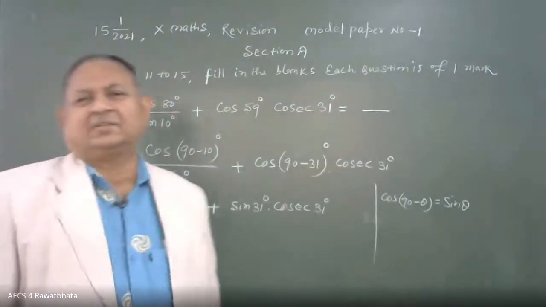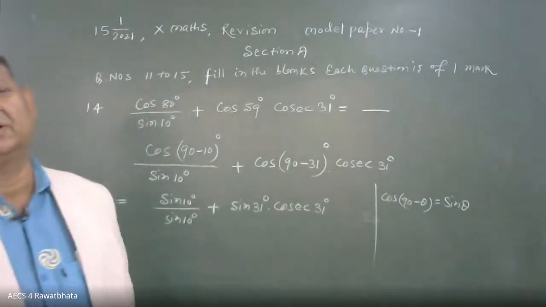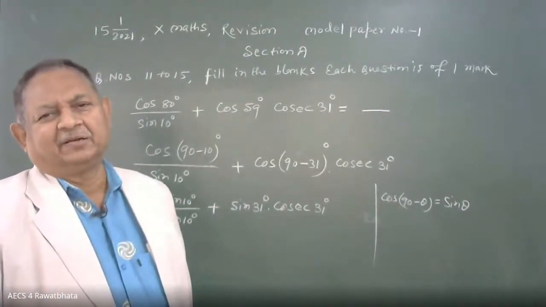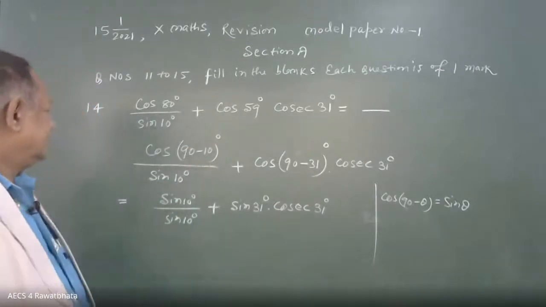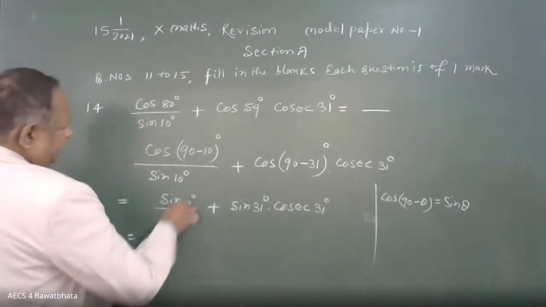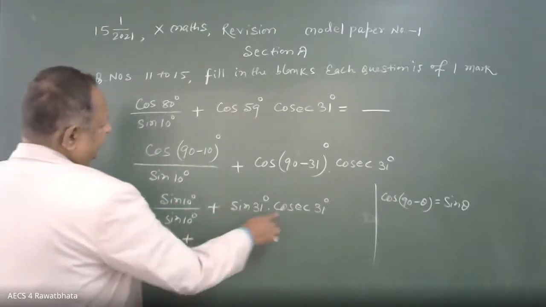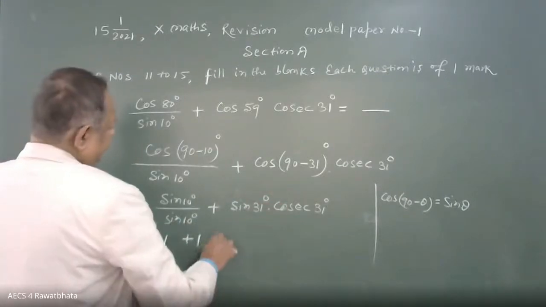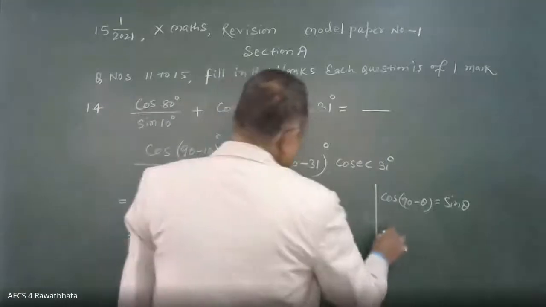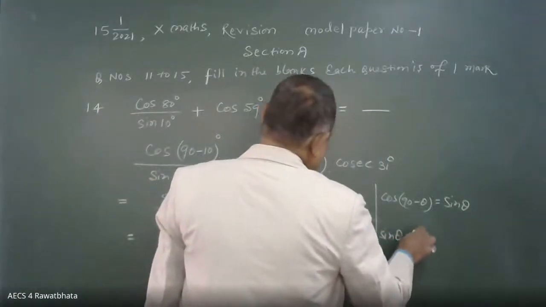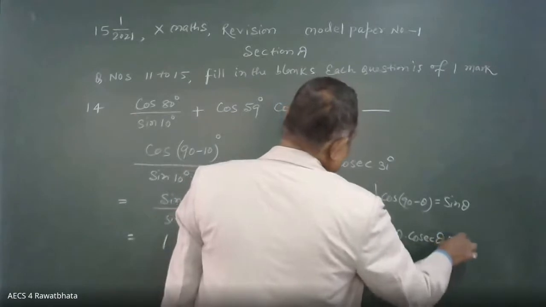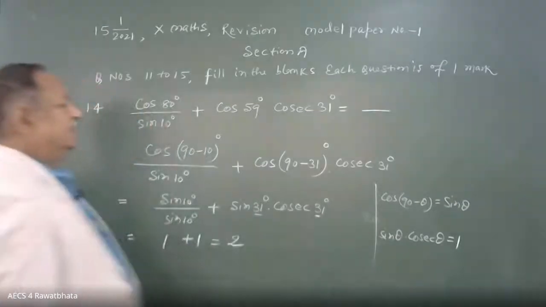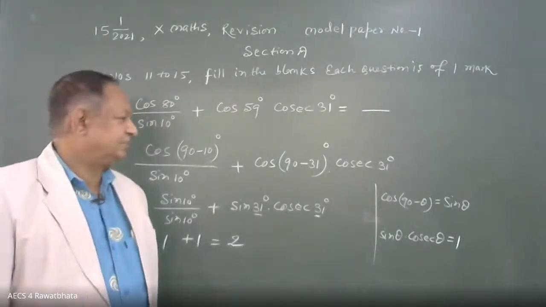This is complementary angle. So this is 1, plus sin into cosec, that is 1, or 1 upon sin, sin cancel, that is 2. So sin theta into cosec theta, the angle should remain the same, the product is 1.